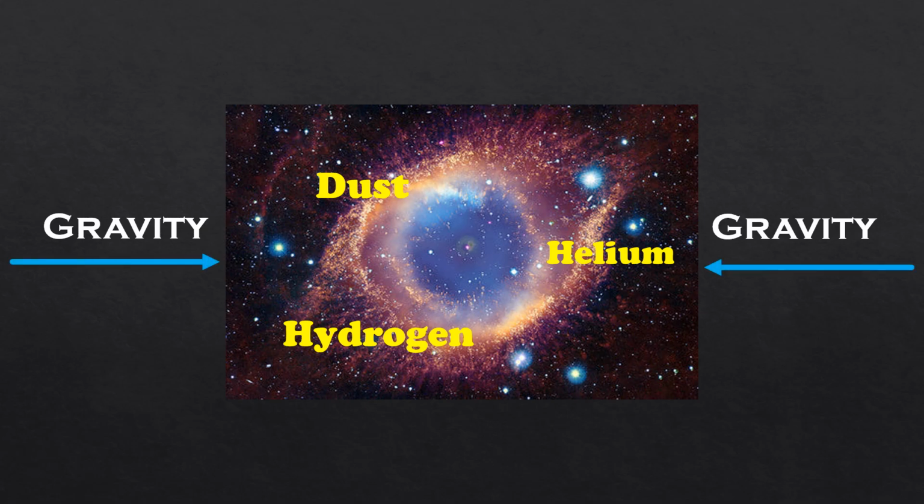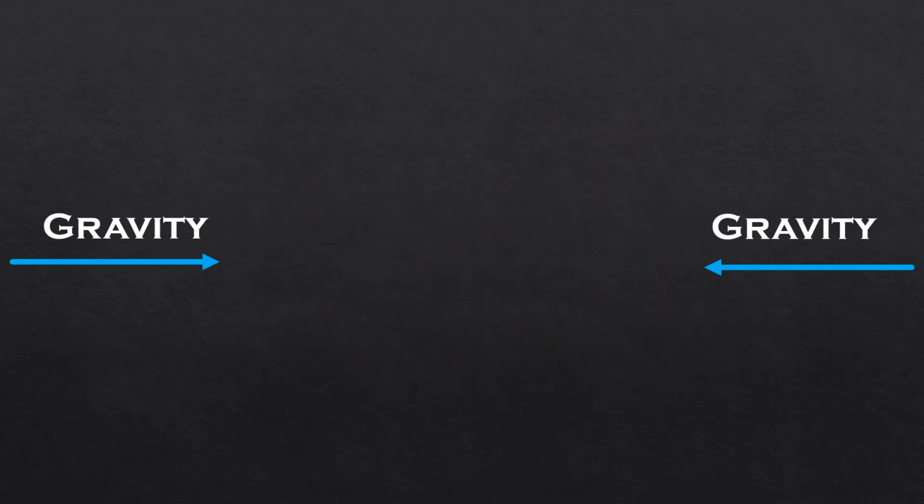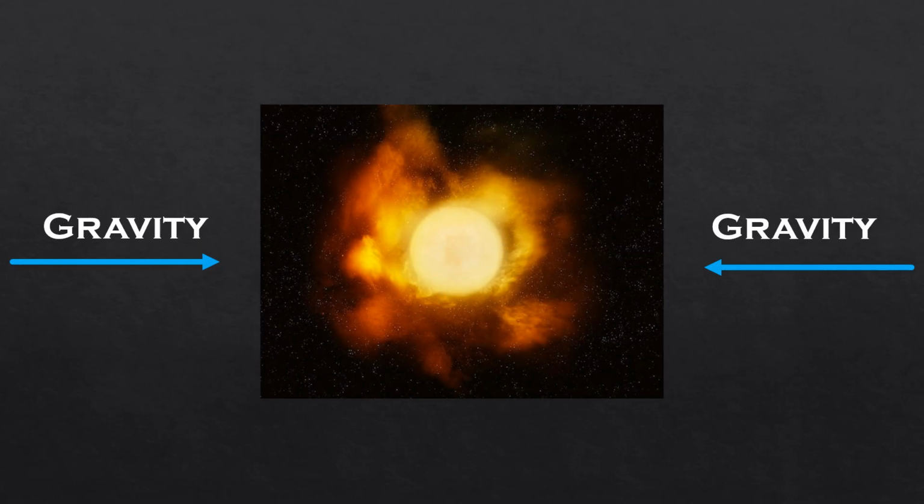This gravity started to pull all the dust and gases towards the center and made the stellar nebula collapse in on itself. After this collapse, the dust, hydrogen and helium got packed into a really dense and hot ball at the center, somewhat like a ball of fire, called a protostar.